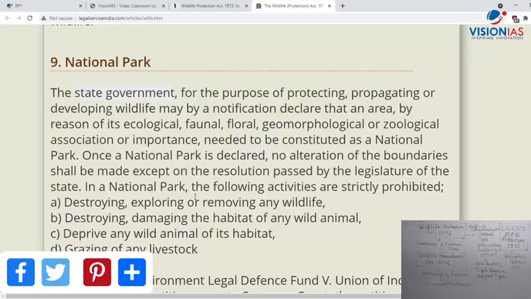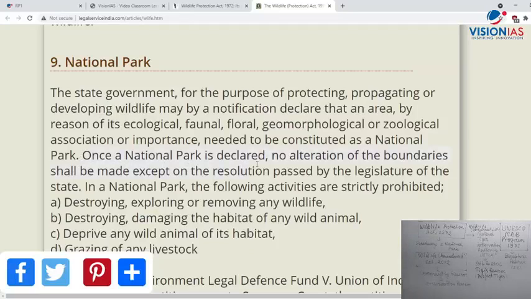They may not give you the legal definition of that. So I'm just trying to make you understand that you should have clarity, you should know what is given in the law. National park can also be declared by the state government. Both central government and state government have powers. Now see what is given here.